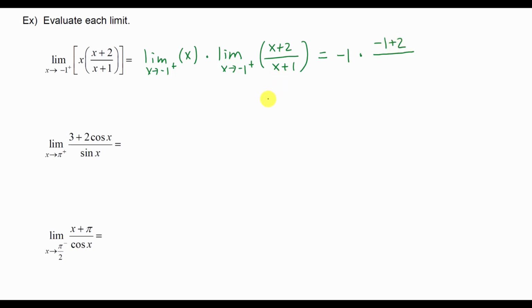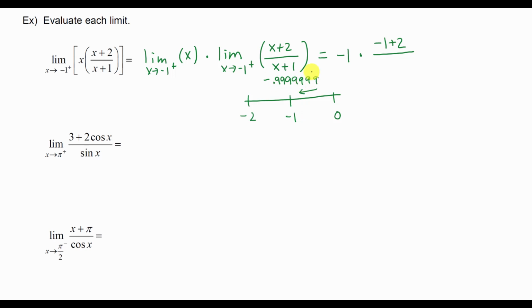However, for the bottom, negative 1 from the right, this is where the 0 is, and this is where negative 2 is. So x goes to negative 1 from the right. What would a number very close to negative 1 be? That would be negative 0.999999999.